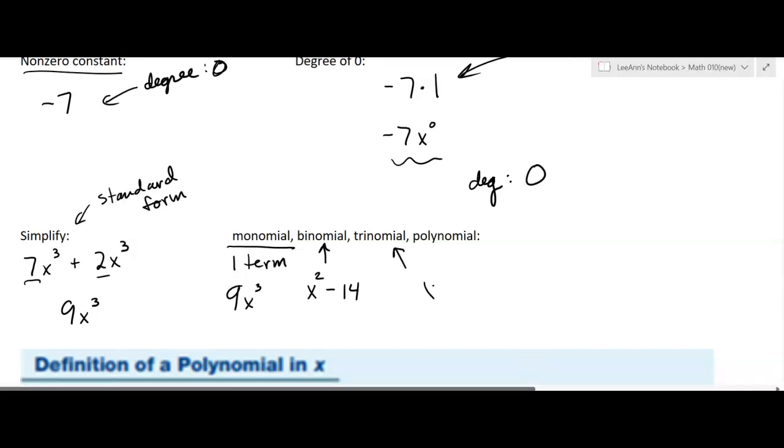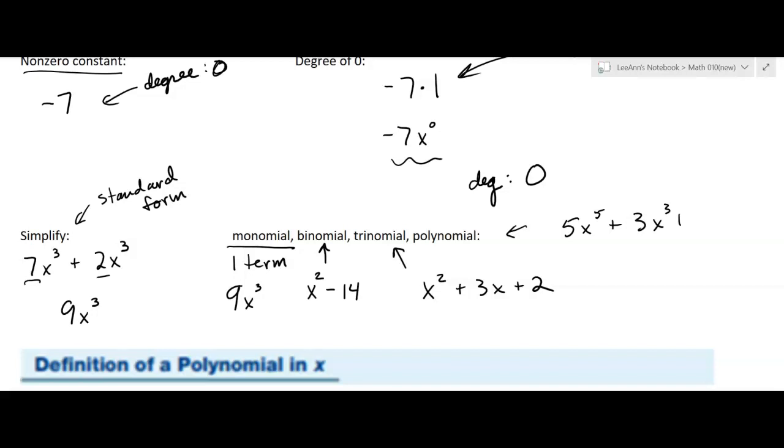And you might have something like x squared plus 3x plus 2. That would be considered a trinomial. More terms than that usually are just called polynomials. So 5x to the fifth plus 3x cubed plus 2x squared plus x plus 7 would be just called a polynomial.